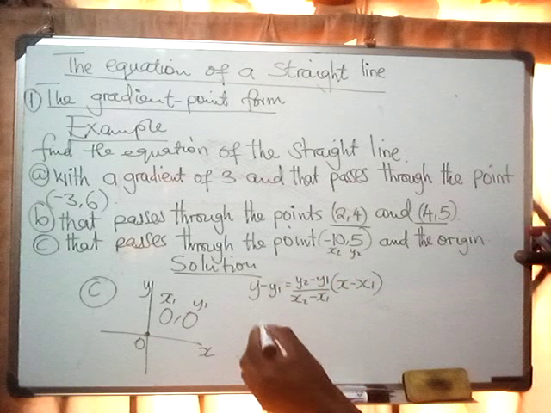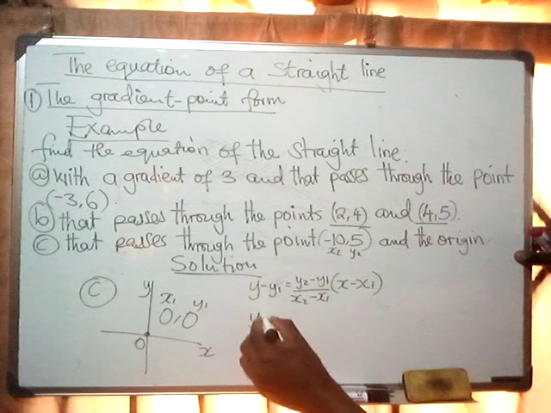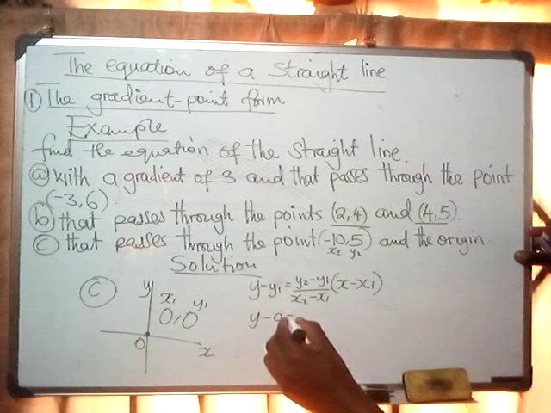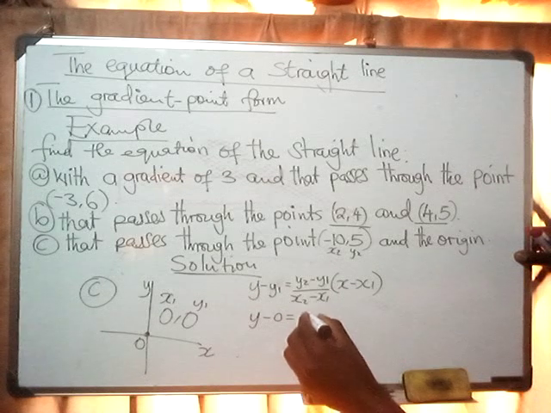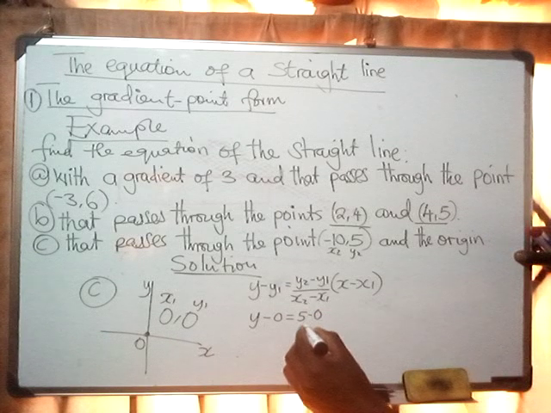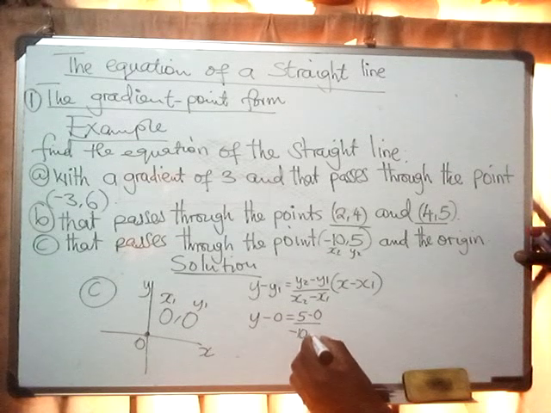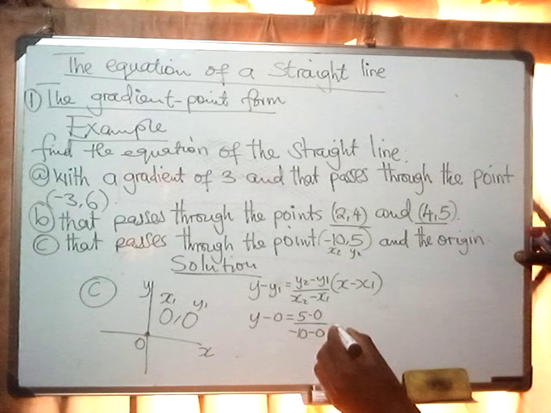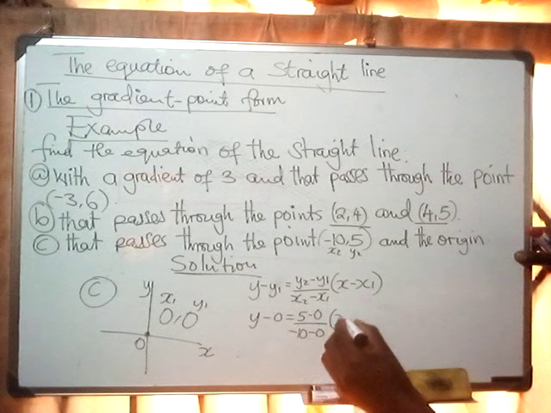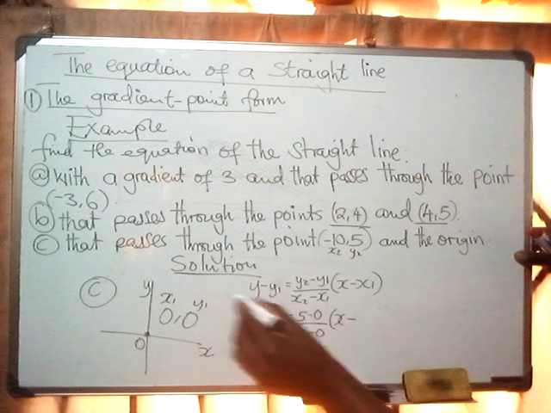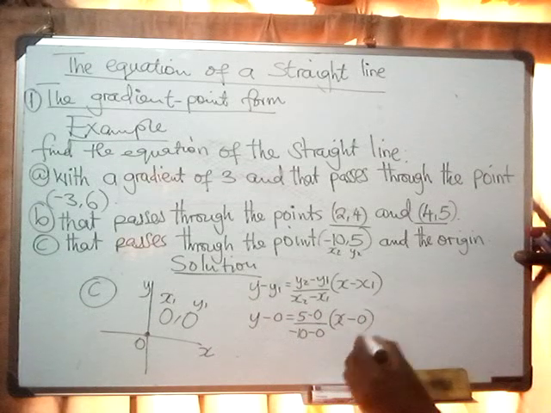So now I will substitute. It will be y minus 0 is equal to y2, which is 5 minus 0, over negative 10 minus 0, then in the bracket x minus our x1, which is 0.